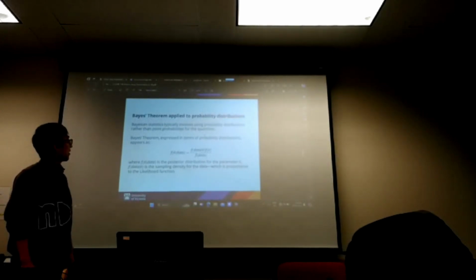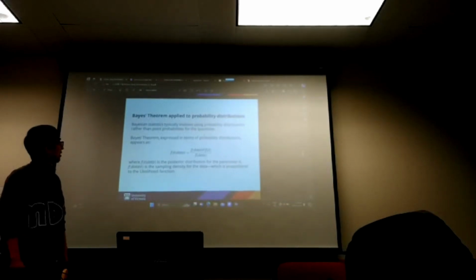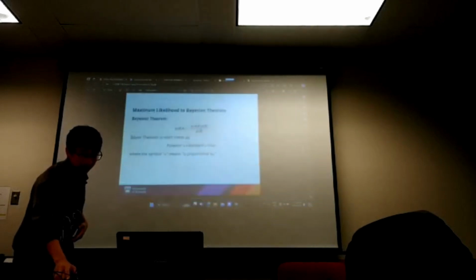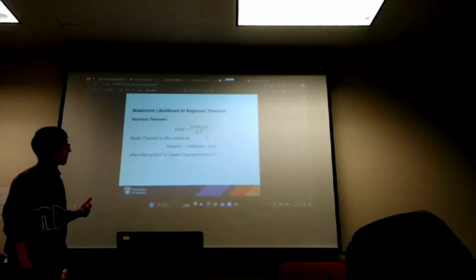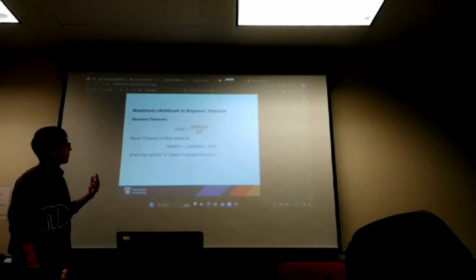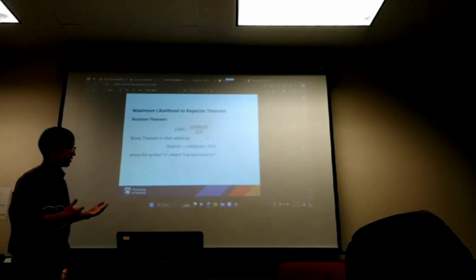Bayesian statistics typically involves using probability distributions rather than point probabilities for the quantities. Bayes' theorem expressed in terms of probability distributions. This formula is for point probability. I mean, P(B) is just a value, a specific value.